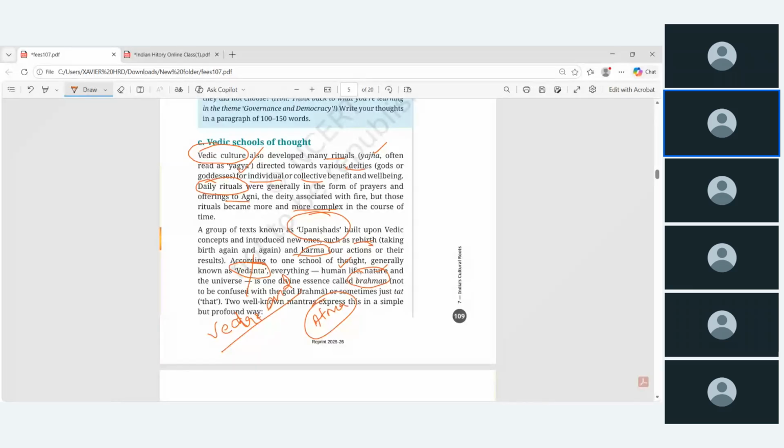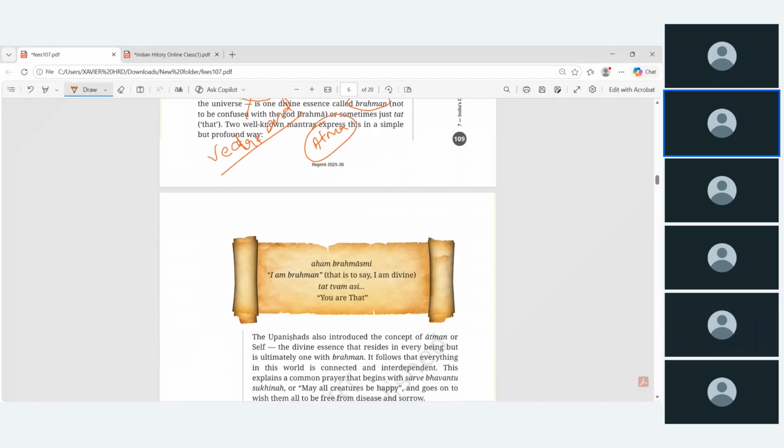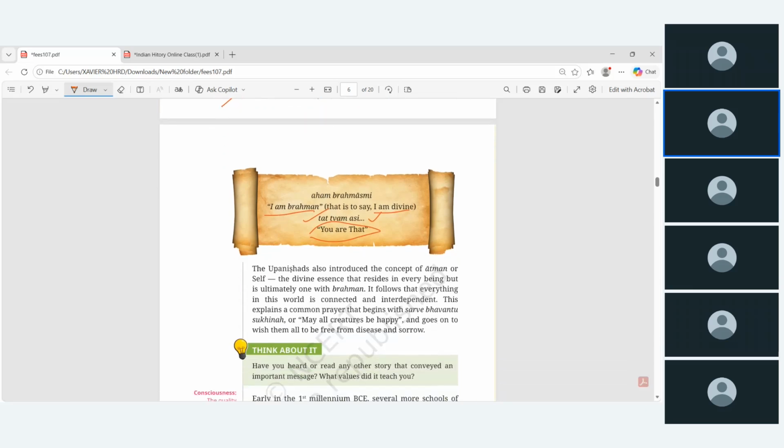One verse they have given is Aham Brahmasmi, that is, I am Brahman, I am the divine. Tat tvam asi means you are that. If you feel I am Brahman, then you will become the most powerful one. The Upanishads also introduced another concept, Atman or self.